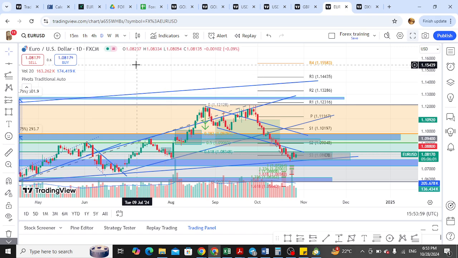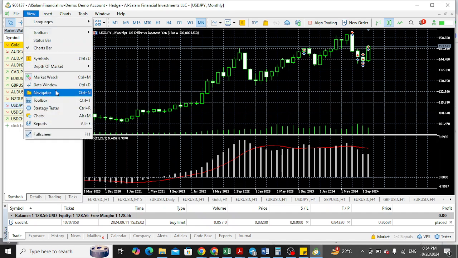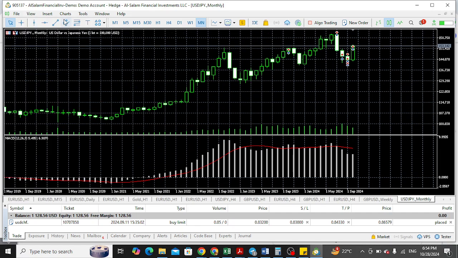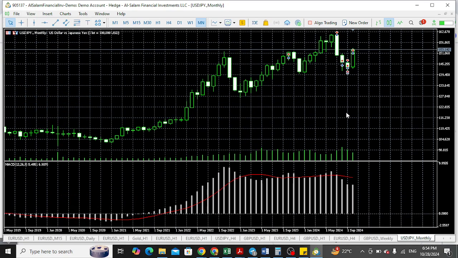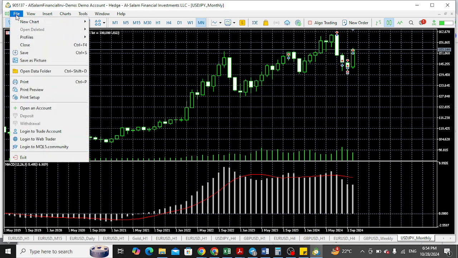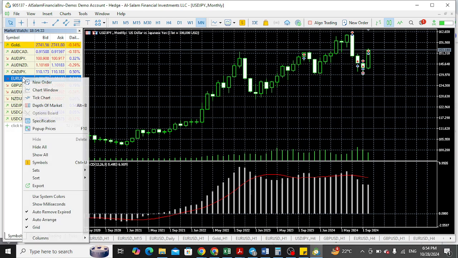Yeah, 10. Let me show you on the MetaTrader. This is the MACD. I look at the MACD on the MetaTrader. I think it represents more. But what is this? This is the US. This is the JPY. I don't want the JPY. I want the Euro USD.